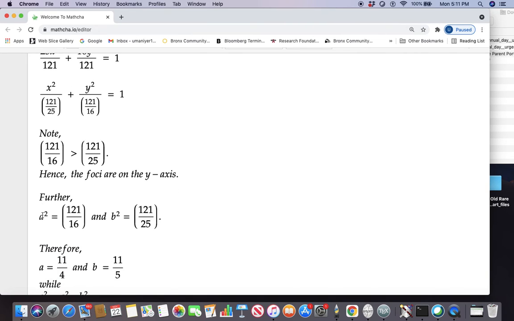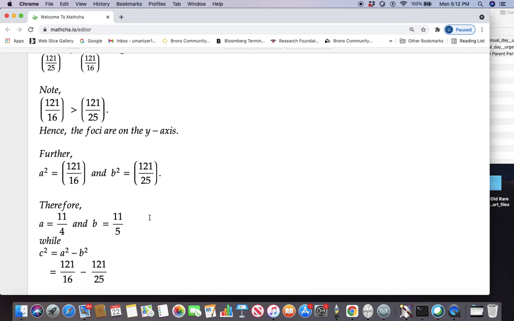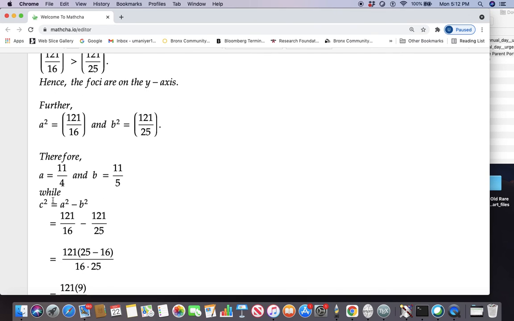So that's going to be a squared. a squared is the larger denominator. In other words, because 121 over 16 is a squared, my foci are on the y-axis. b squared is the smaller one. b is with x, so the minor axis is on the x-axis. a is the square root of this, 11 over 4. b is the square root of this, 11 over 5. c squared is a squared minus b squared.